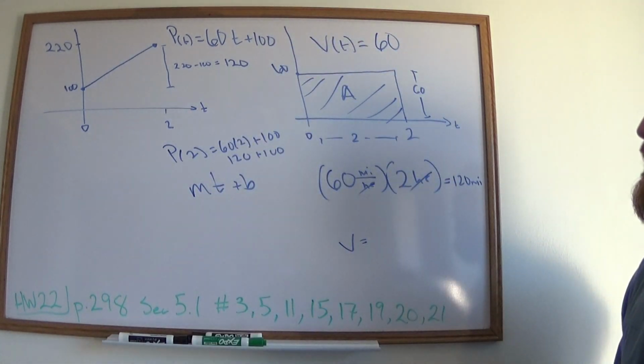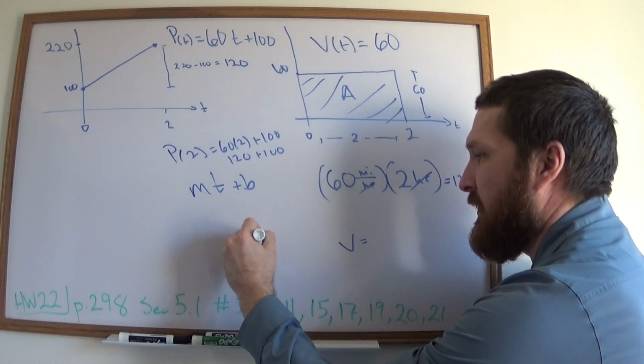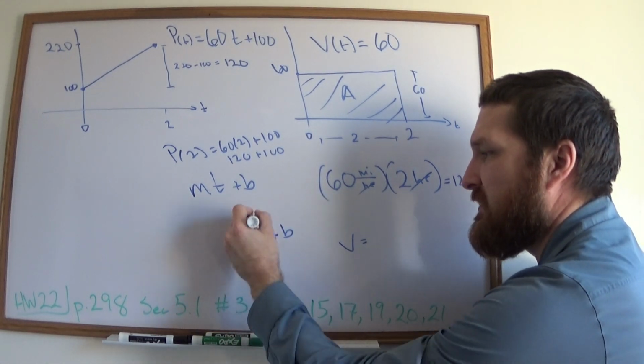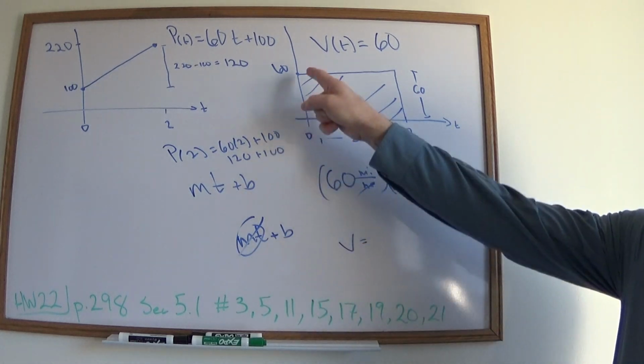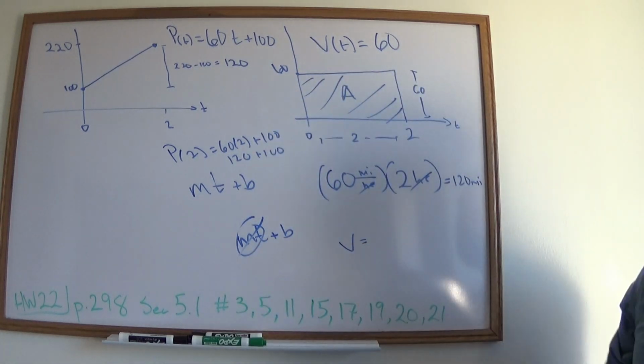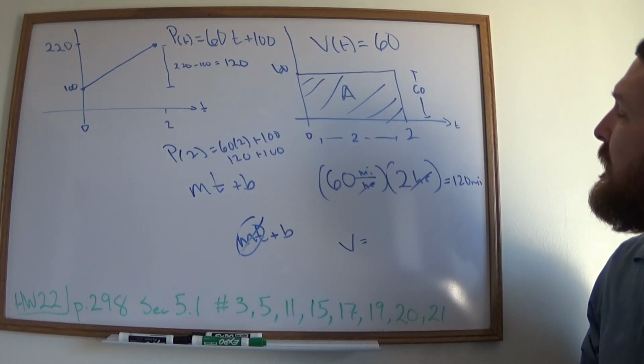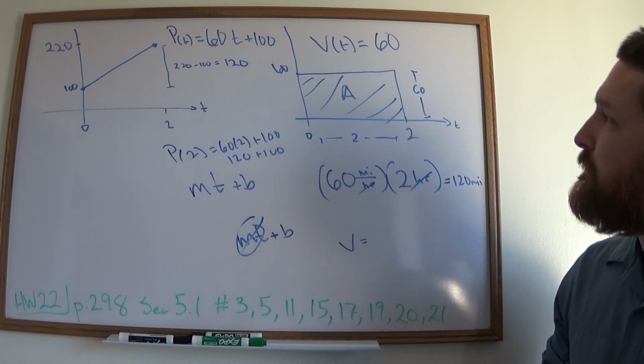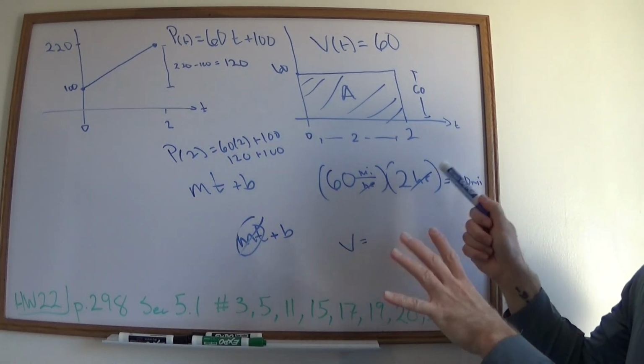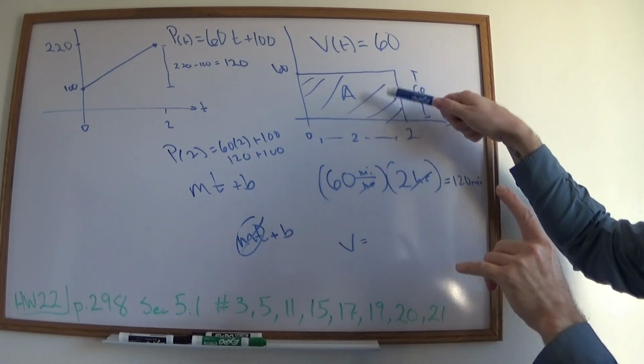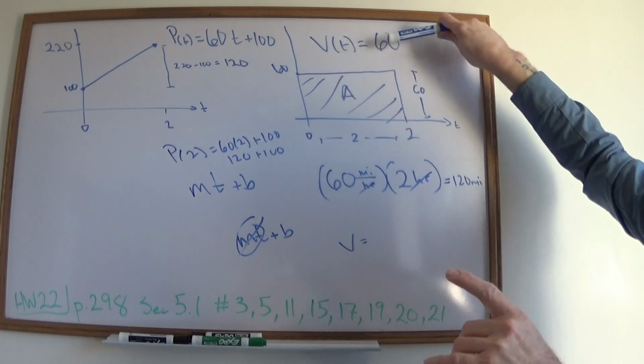It's a constant 60. And you could think about that as, okay, we have an mt plus b, the slope is 0, so that goes away. It goes through here at 60, and so it's just 60, right? Now, this is one example of when you might want to find the area under a curve.